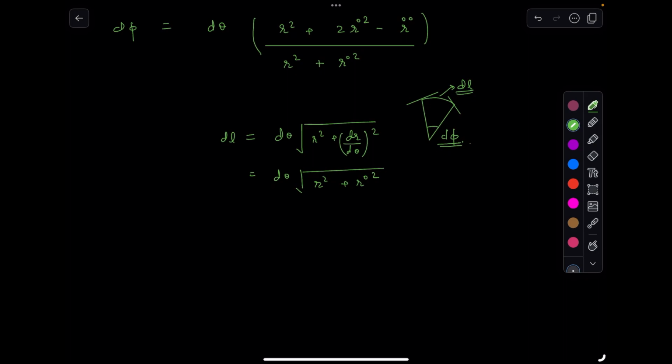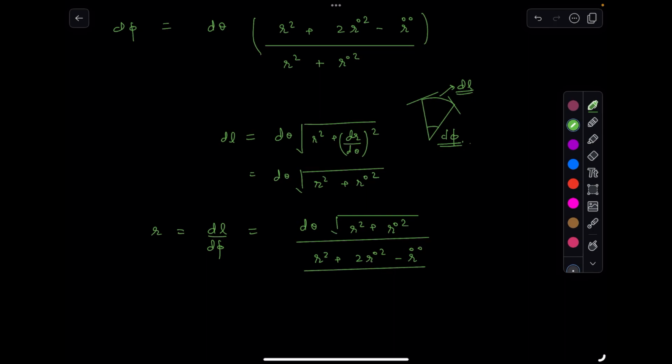So the radius of curvature is nothing but R equals dl by d phi, and dl is nothing but d theta into under root of r square plus r dot square divided by d phi, which is r square plus twice of r dot square minus r double dot divided by r square plus r dot square.